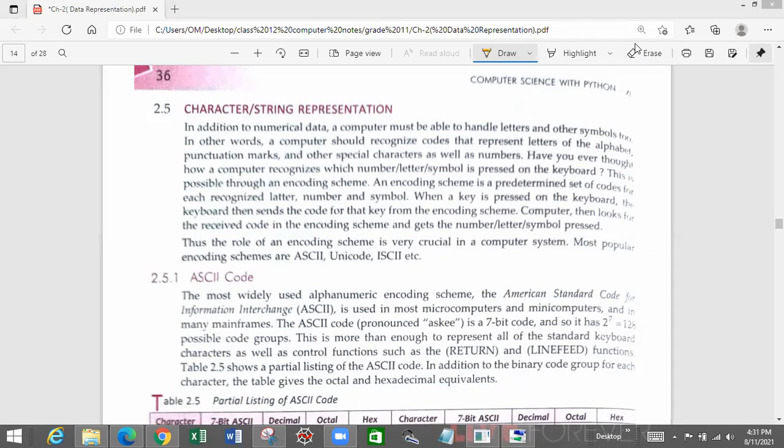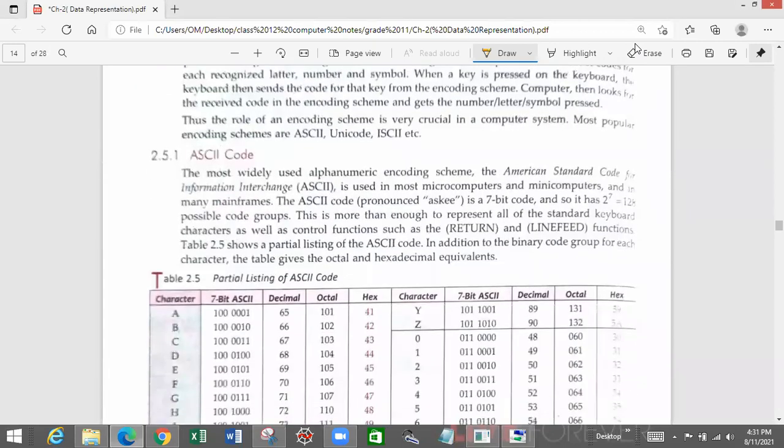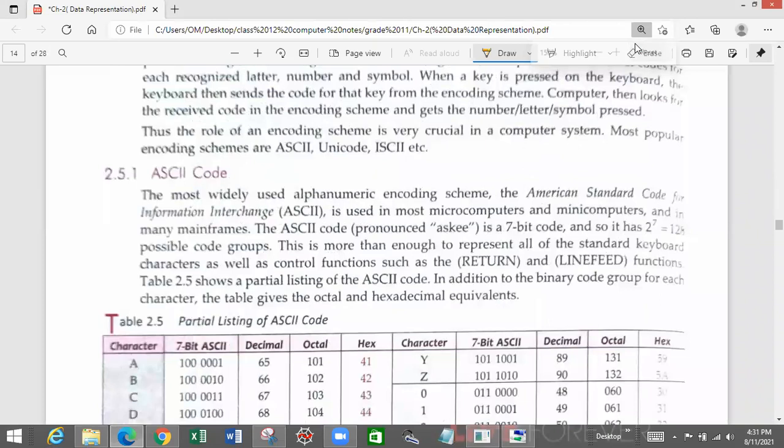The very first coding scheme is ASCII code. It's called American Standard Code for Information Interchange. It's a very big abbreviation, but it will tell you everything about it. It was developed in the USA, so it is based on America. It's a standard code for what?